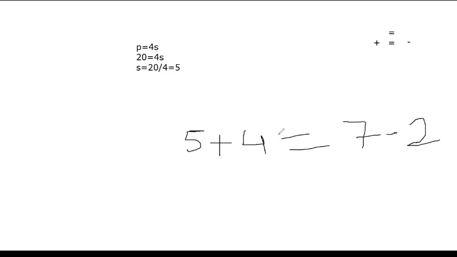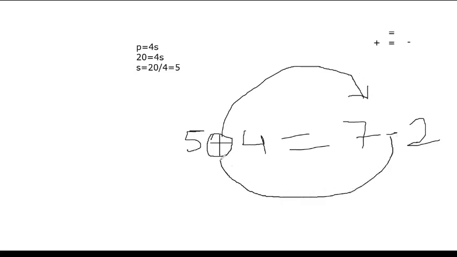It doesn't make sense, okay? Just please comprehend with me. So if that plus goes over here, that's gonna turn into a minus. And if that minus goes over here, that's gonna turn into a plus.